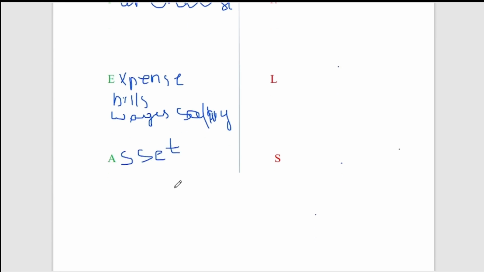Asset is the thing that the company owns. Let's say the company's car, or the cash is also considered as asset. Or let's say receivable.